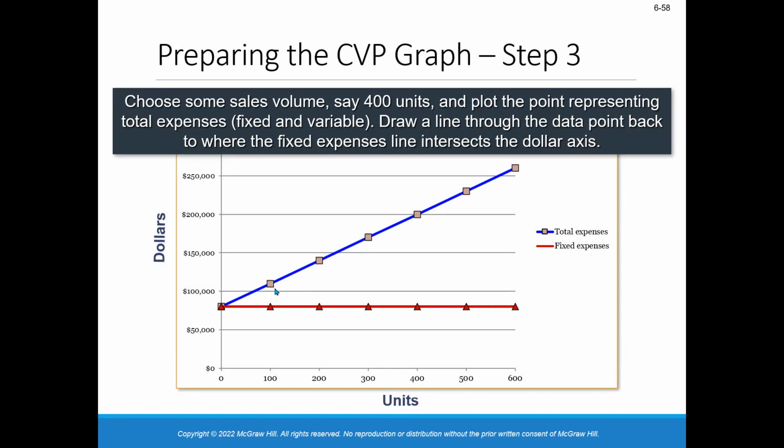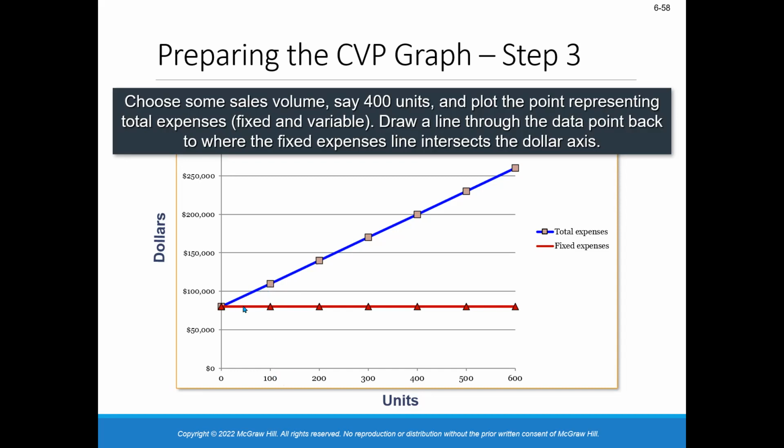If you record the information per unit, the variable cost is $300. So for every increase of 100 units, the increase of the variable cost will be 300 times 100, which is 30,000. So it's a 30,000 increase of variable cost per 100 units.